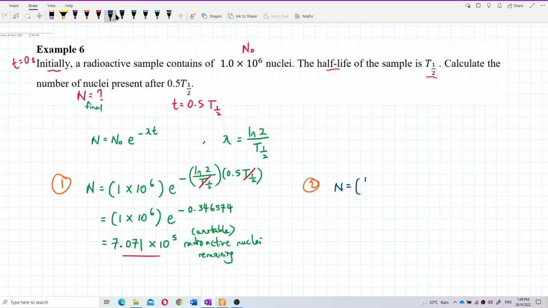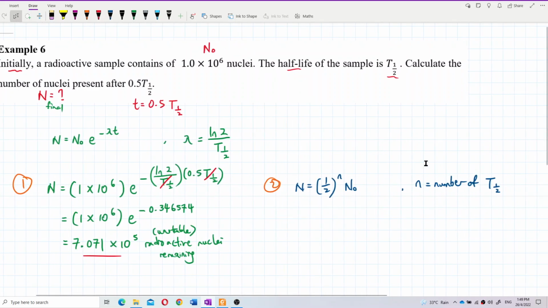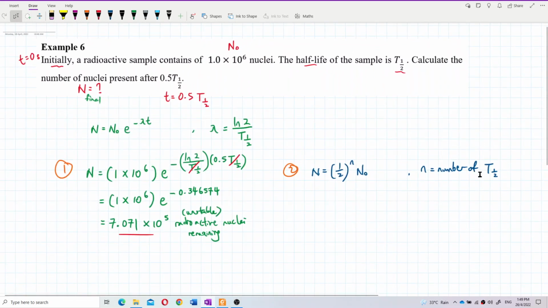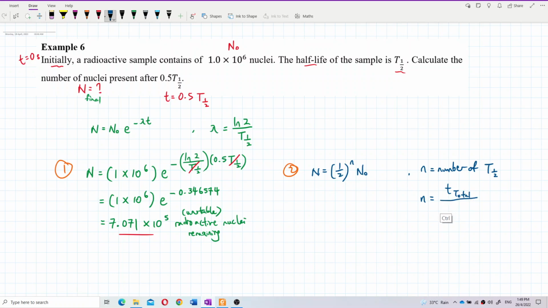N equals half to the power of number of half-lives, times N naught, where n is the number of half-lives. How do we get the number of half-lives? Very easy.